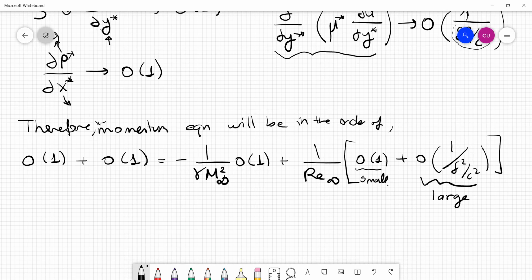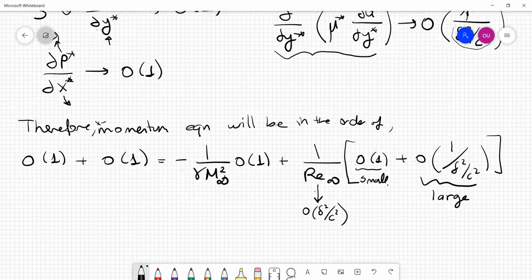And what about the Reynolds number? Using the Reynolds number definition, this is indeed 1 over Reynolds number, so the order of magnitude of this coefficient itself is delta square over c square.